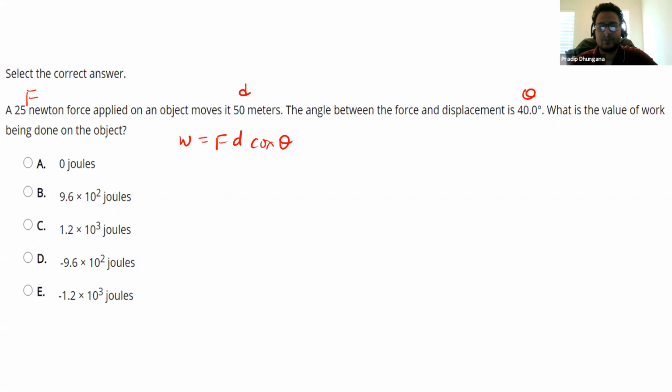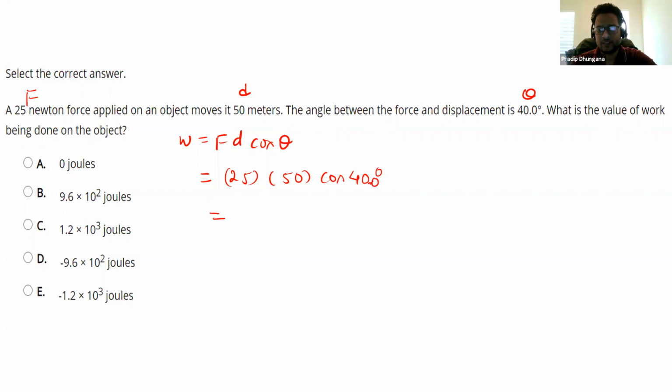After that, let's substitute all those values: force, displacement, and angle. Force is 25 Newton. Displacement is 50 meters. And cosine of 40 degrees. And use a calculator and calculate that value.